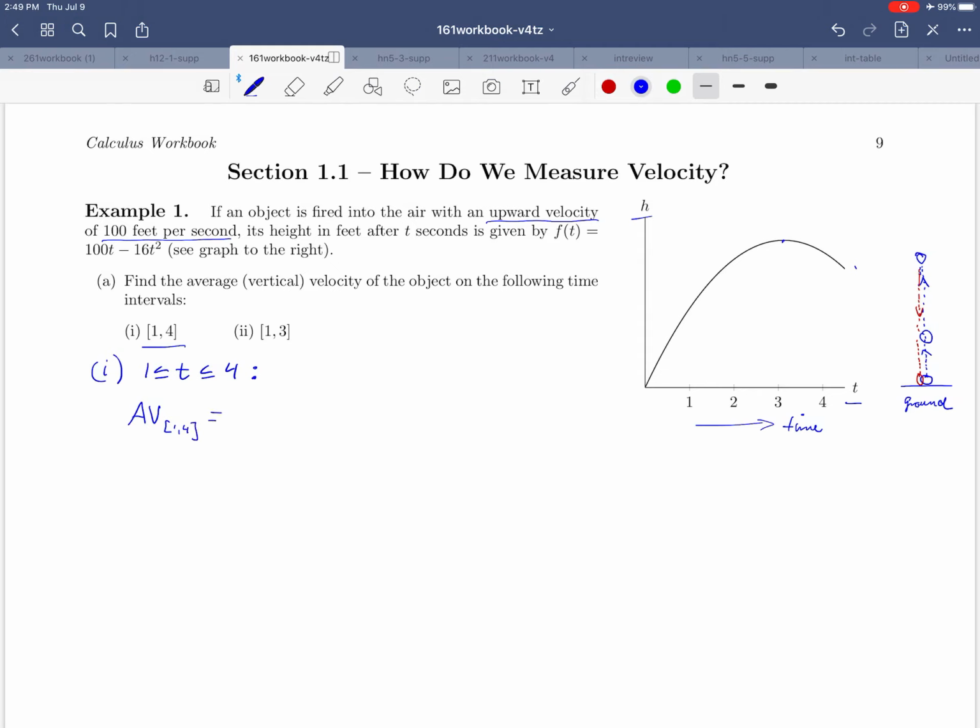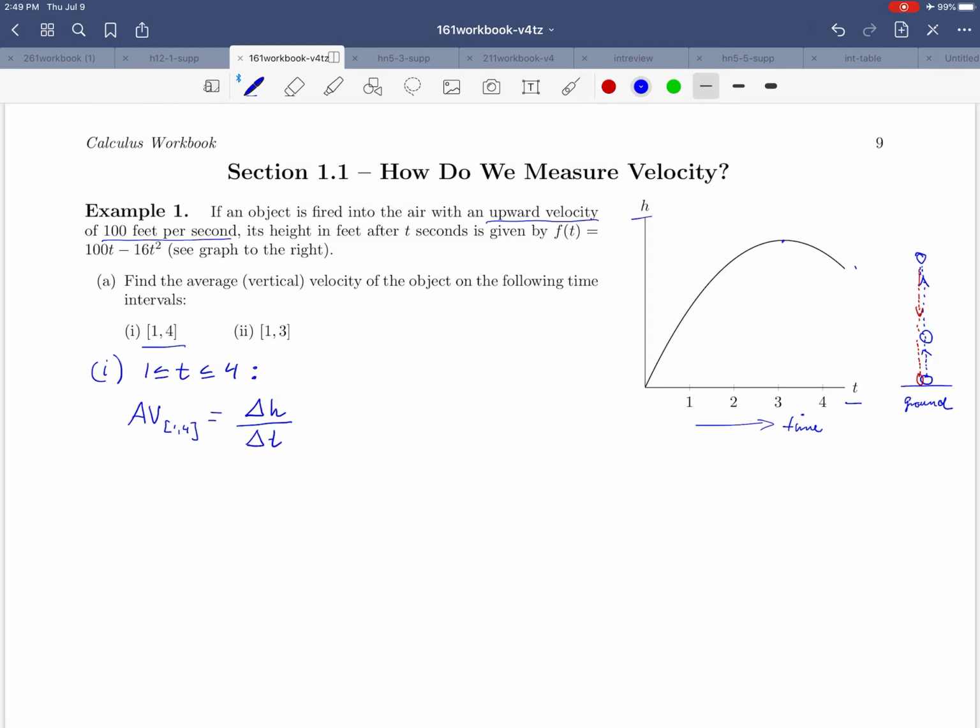And from the work that we've done before, the average velocity right here is the change in height over the change in time. How much did the ball gain in height during the time interval that we're investigating?